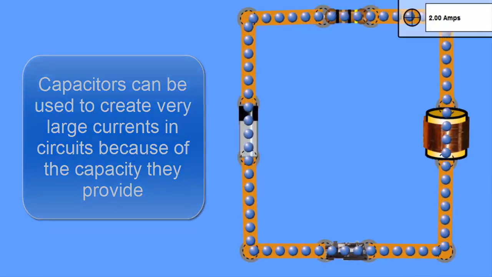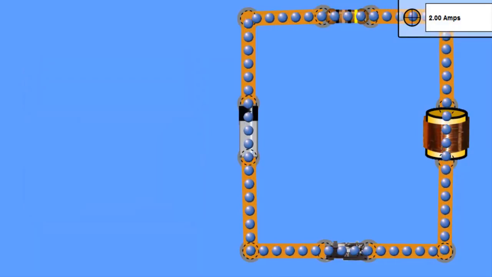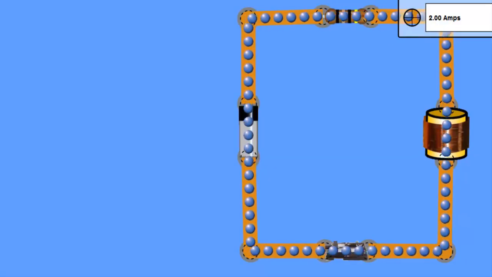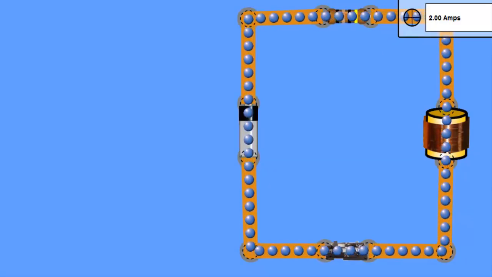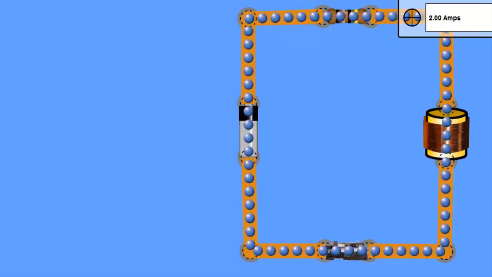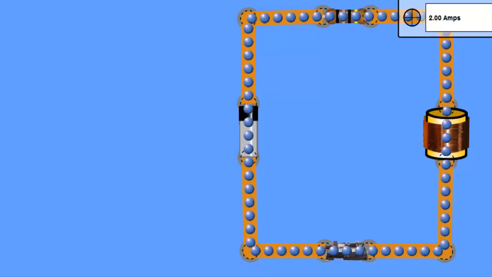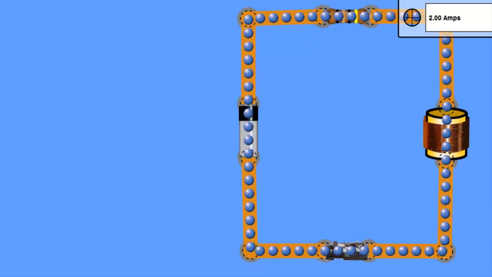The resistance is limiting the current to 2 amps. The inductor, remember, doesn't have any resistance, so it's not contributing to the resistance of the circuit. It's just the resistor that's contributing. So we have 2 volts divided by 1 ohm is 2 amps.